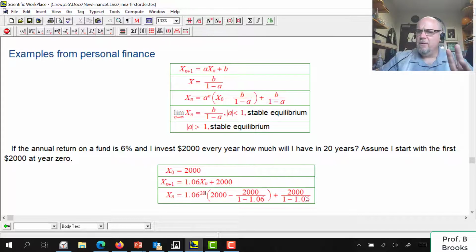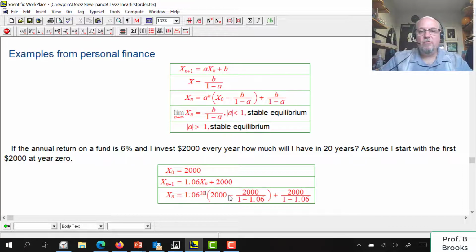Now I've got to be careful here. Since I started off with X naught and I made N equal 20, I'm making 21 payments, sort of, because I started off seeding the fund with the extra 2,000. So I'm putting in for 20 years, but it's 21 payments. So if it was 2,000 times 21, that'd be like $42,000.